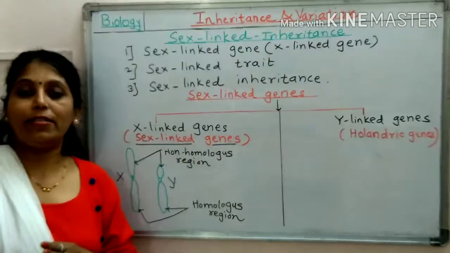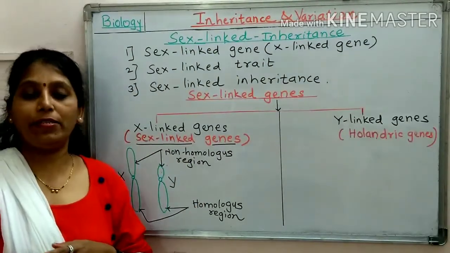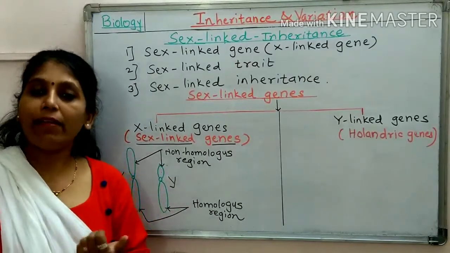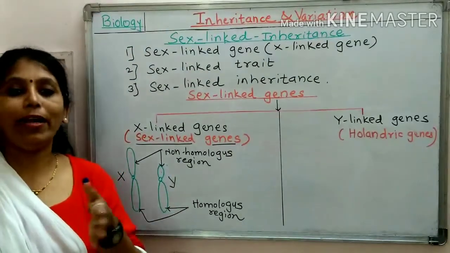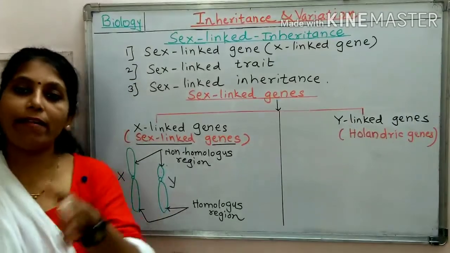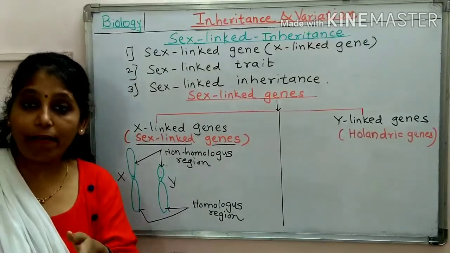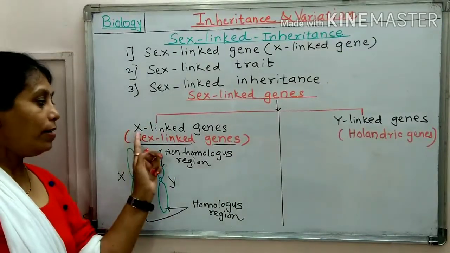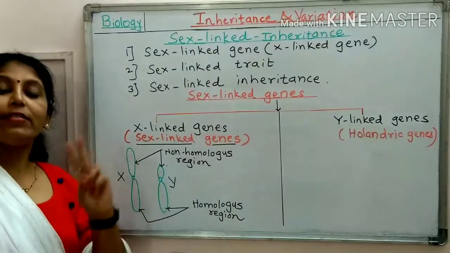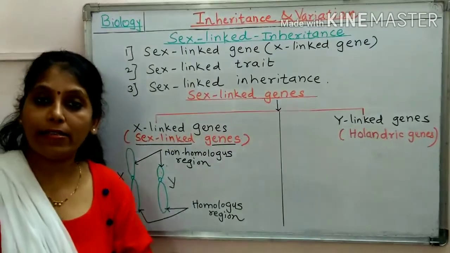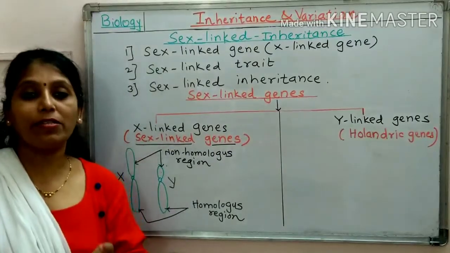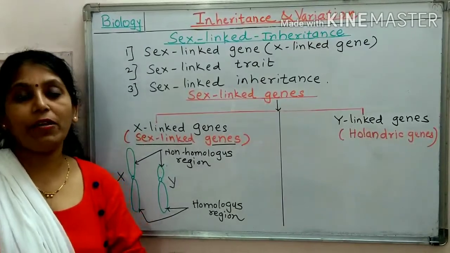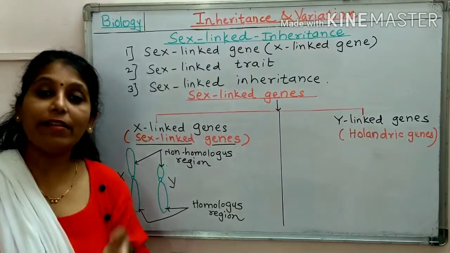And in your textbook, they have given many examples. The first example is color blindness. In color blindness, the person is not able to distinguish red and green color. Both colors appear gray. That gene is present on the X chromosome. Second example, night blindness, means the person is unable to see during night. Third example is myopia, nearsightedness.